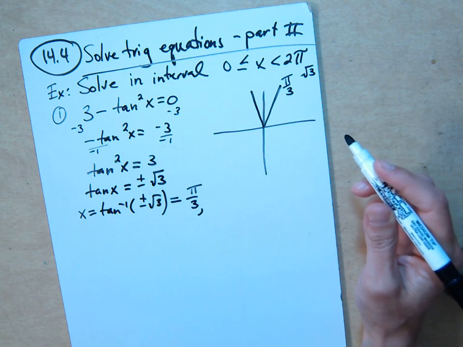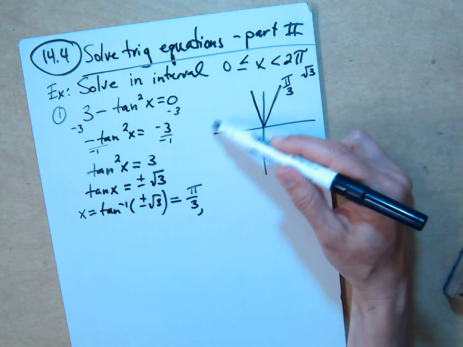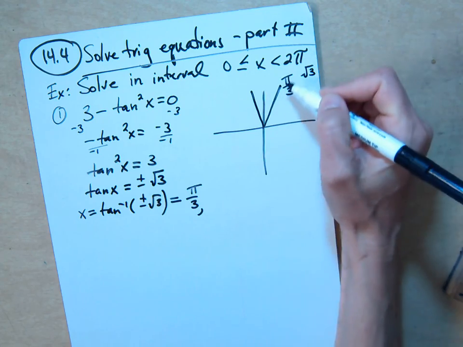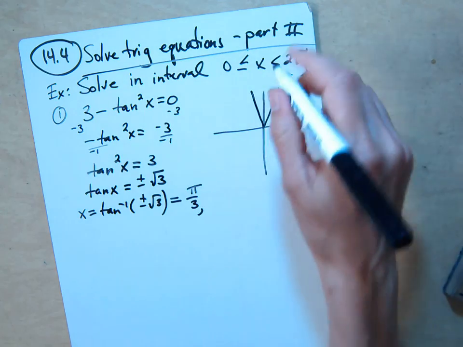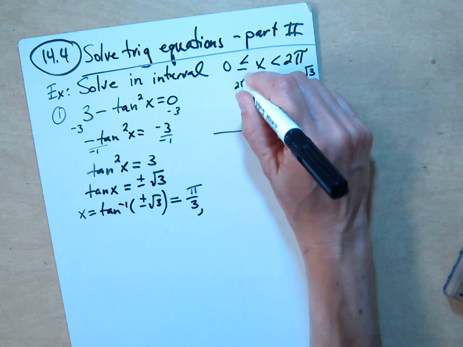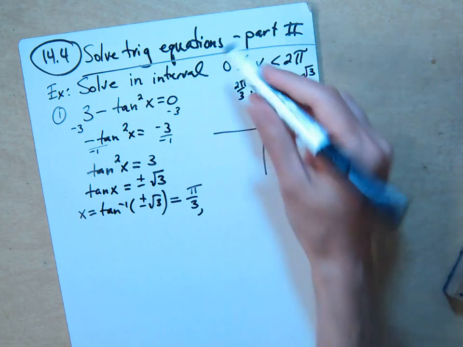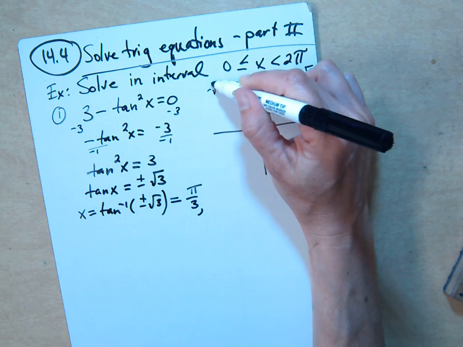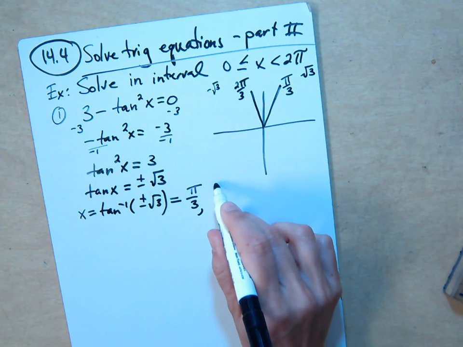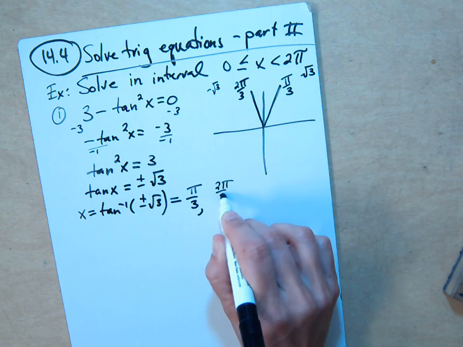It's totally symmetric. It's 1/3 away from pi. So it's at 2/3. They're all going to be thirds. The tangent here is negative root 3. So another answer is 2 pi over 3.